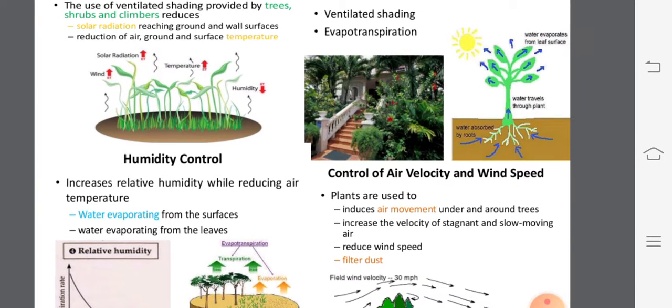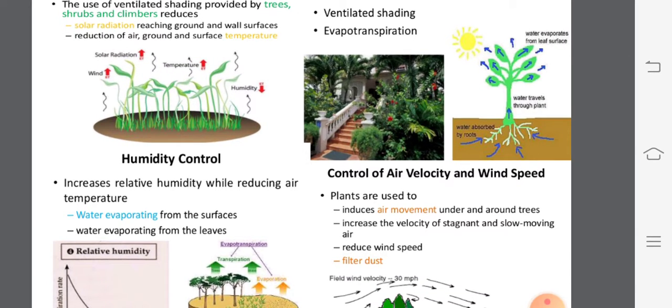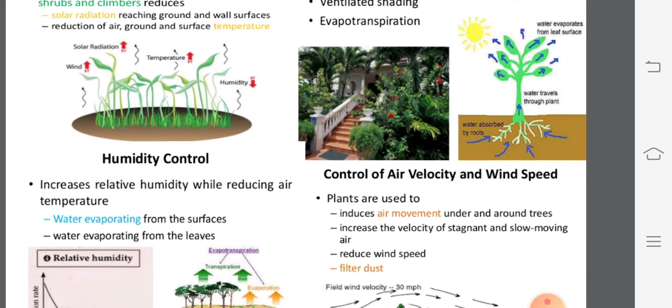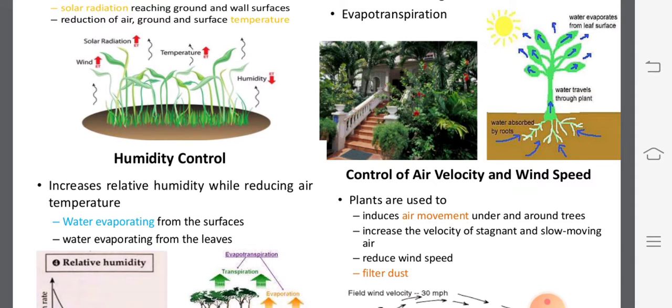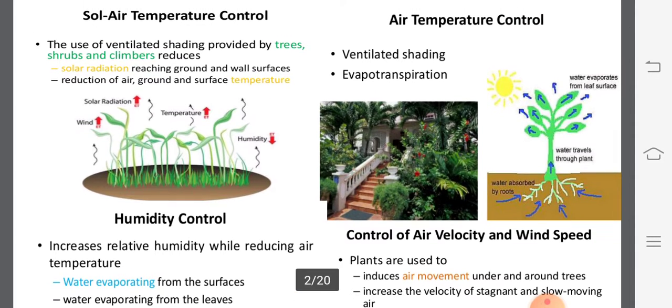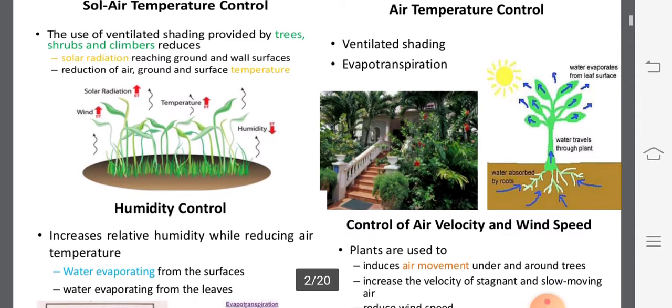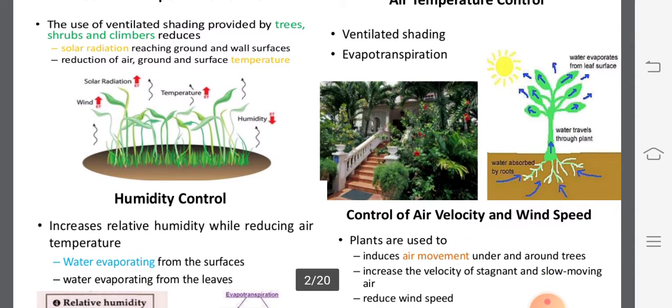Therefore it is a favorable condition for the bryophytic plants or communities to develop. The ventilated air or air temperature is developed due to the evapotranspiration by the plants, and this water evaporation is generally seen from the leaf areas.